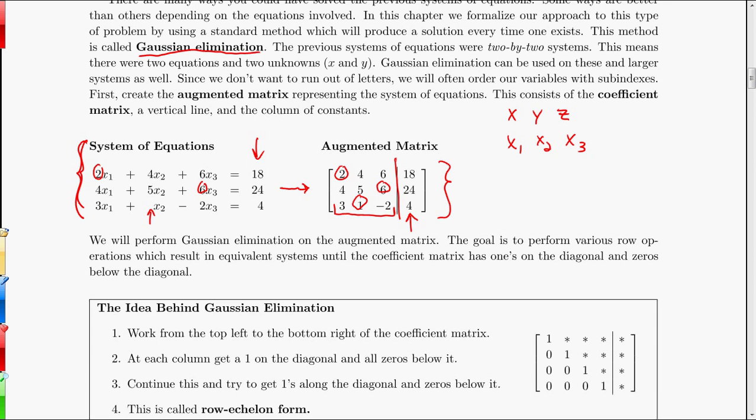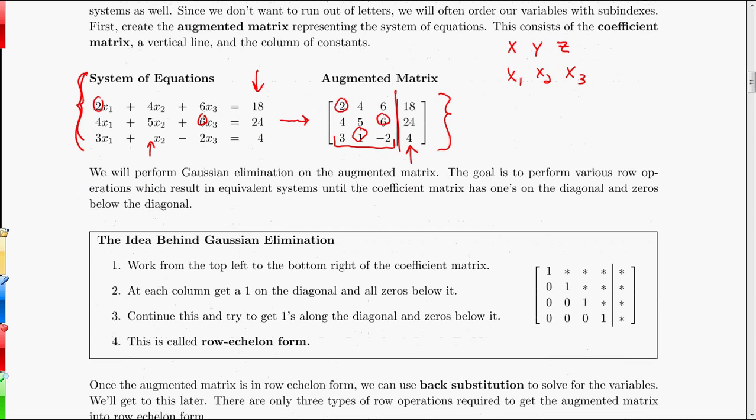Right? So here's the trick to Gaussian elimination. Right? We're going to start with this augmented matrix that looks like this, right? And through a sequence of what we call row operations, we want to convert that into an augmented matrix that looks like this. And that form is called row echelon form.